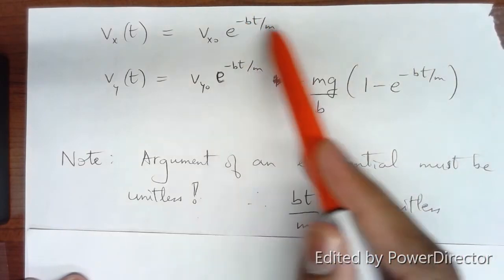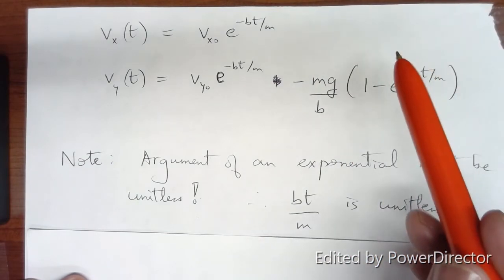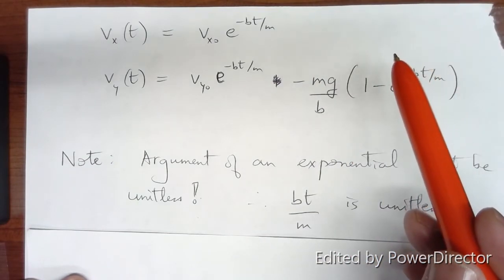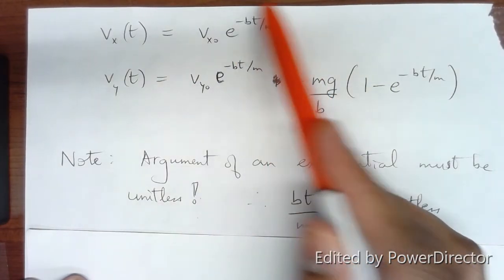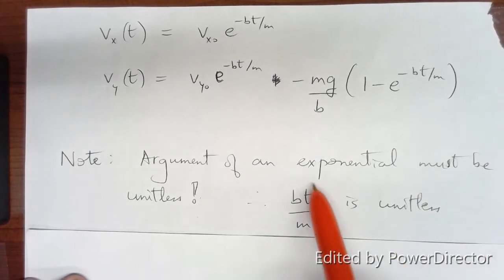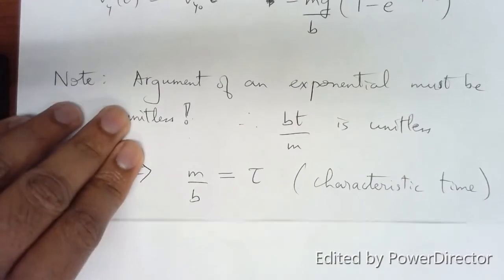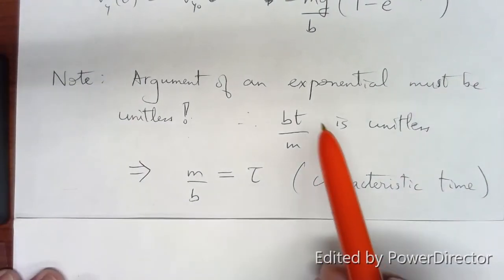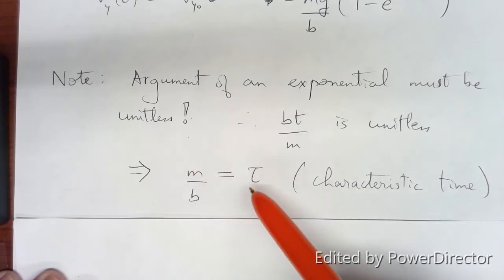And if the exponent here had units, then each term of that power series would have different units. In order to avoid that, we require that this exponent should be unitless. That tells us that bt over m is unitless. But that means that, well, since t has dimensions of time, m over b must also have dimensions of time.